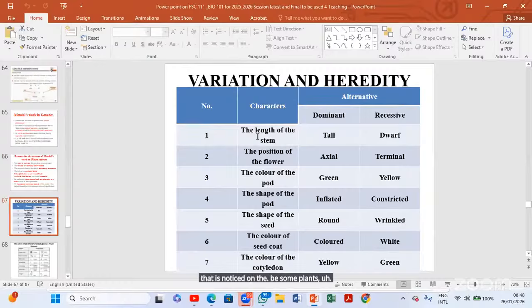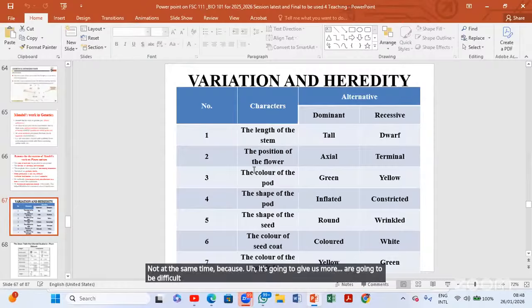And then, not just noticing, after carrying out his work, the inheritance of each of them at a time, not at the same time, because it's going to be difficult.